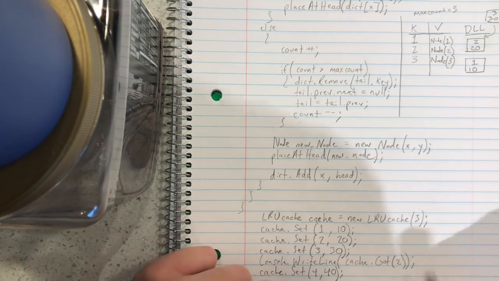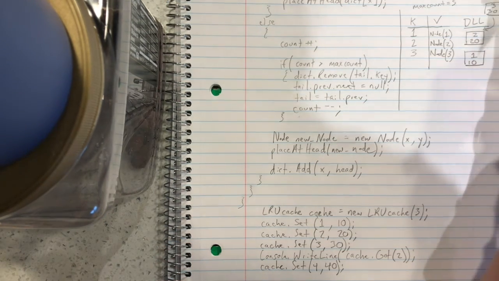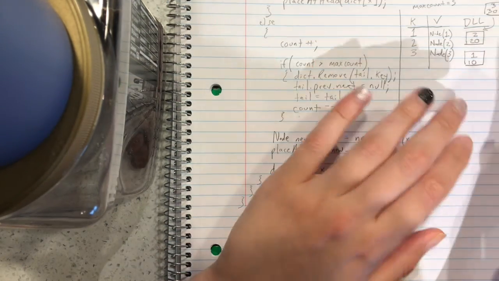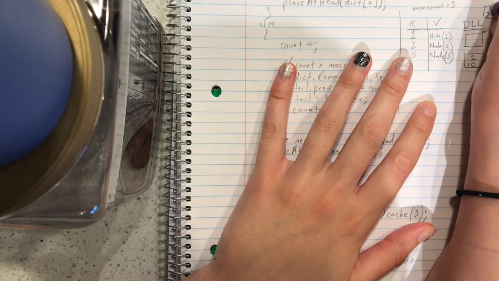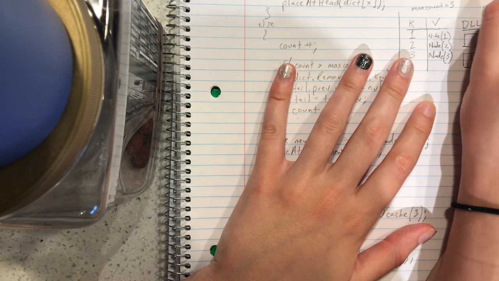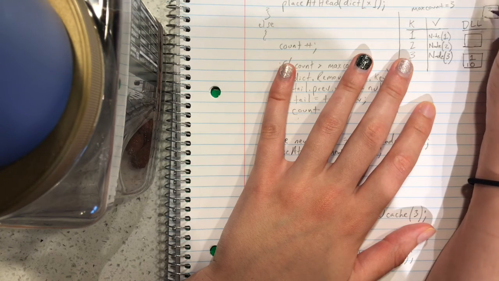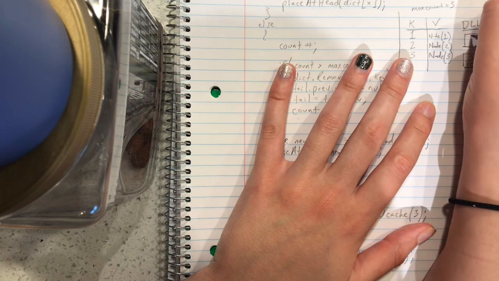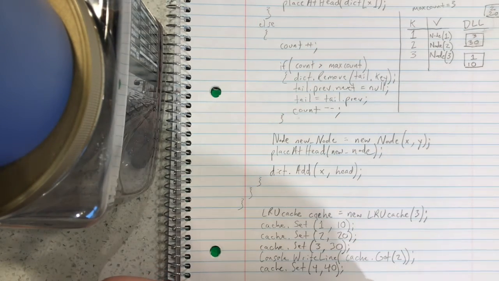We're gonna get 2, which swaps. 3 and 30 was at the head, but now 2, 20 is at the head, and 3 and 30 is here. We're going to set 4 and 40.